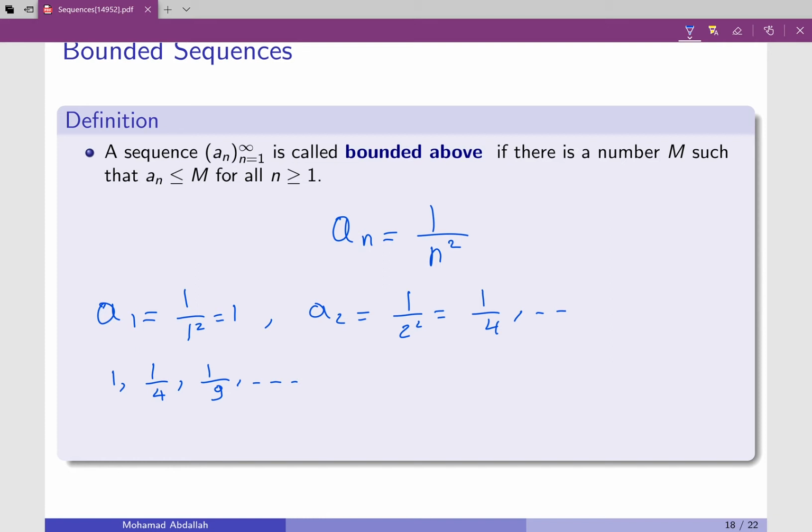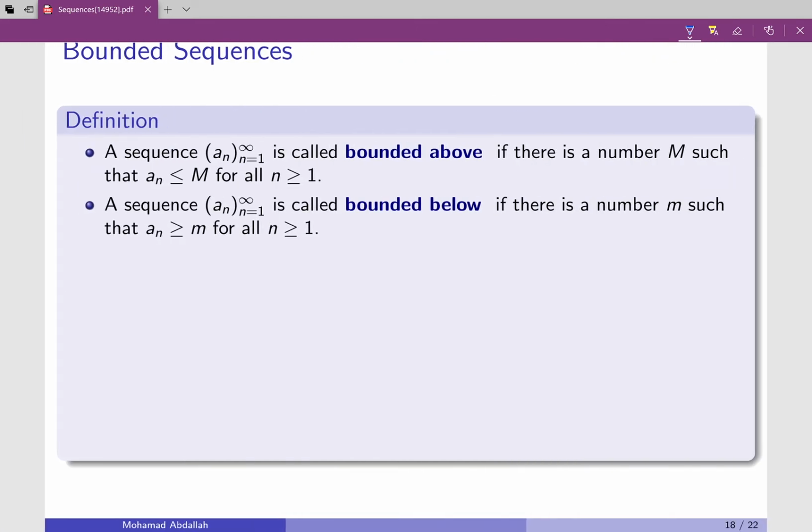You can see the pattern, and the most important part is that for every value here, an is less than or equal to 1. So in this case, I say that this is bounded above, and it's bounded above by 1. So this is m in my definition.